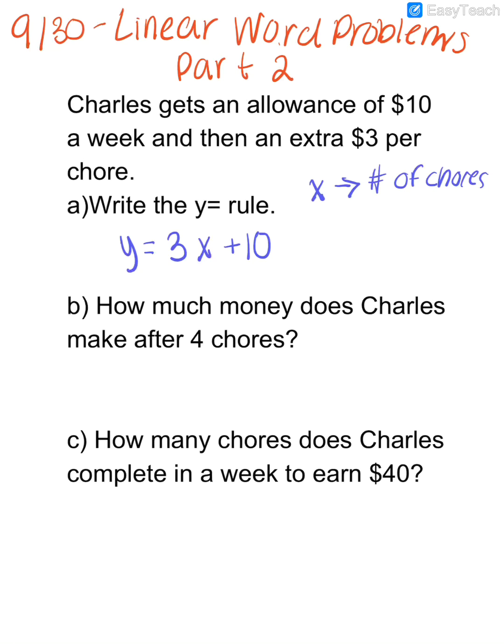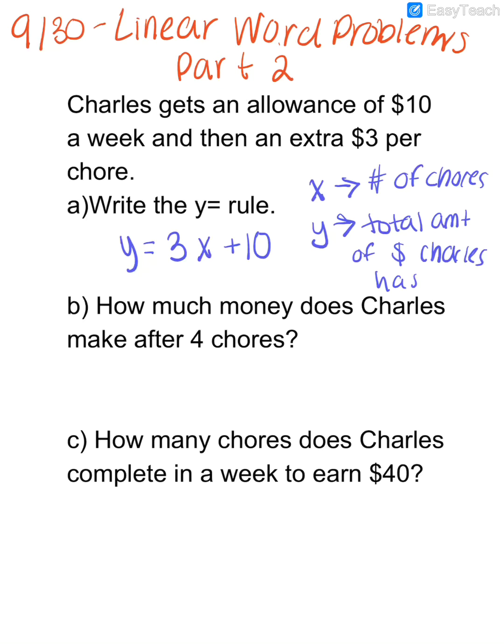The y is going to be the total amount of money Charles has each week. Because every week, Charles is getting an extra $3 per chore, $10 for allowance, and that's going to total the amount of money his parents give him every week.